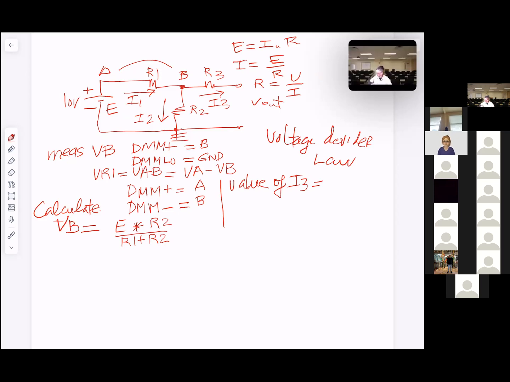I1 plus I2. Who else? Voltage divided by resistance. No. Well, first of all, you have an open circuit at the very end, so no current is flowing through R3.